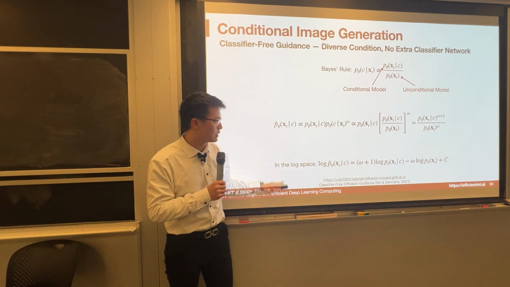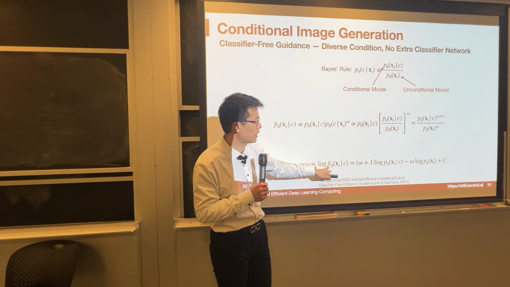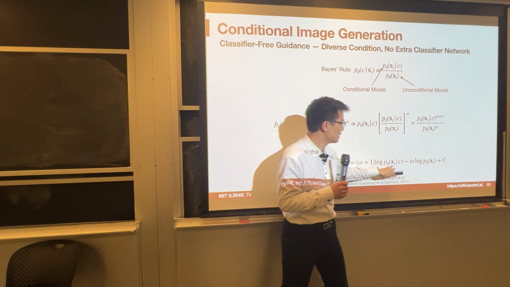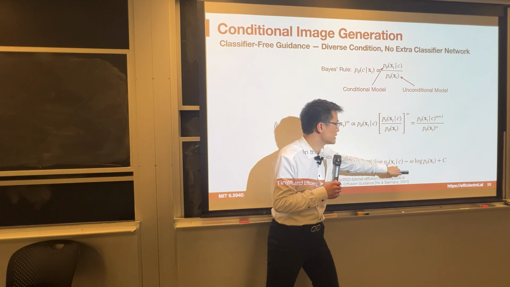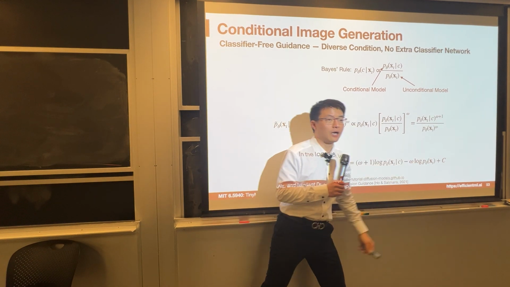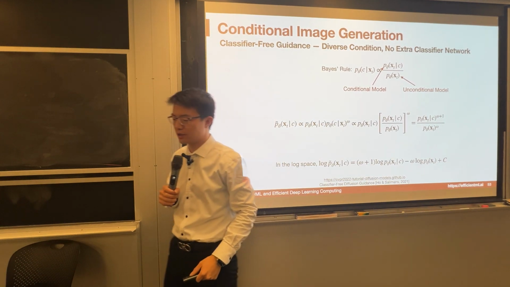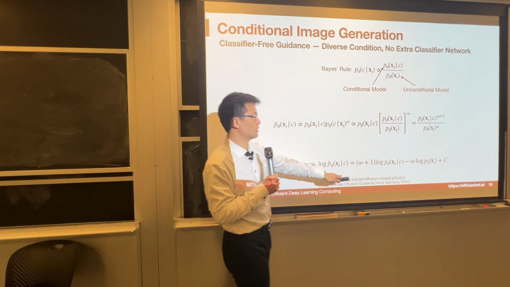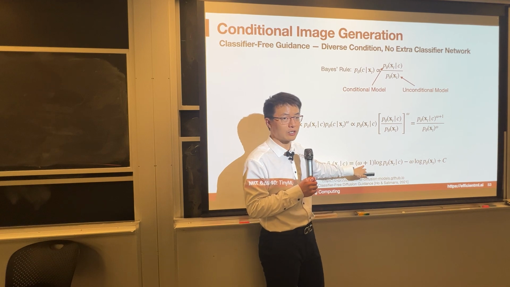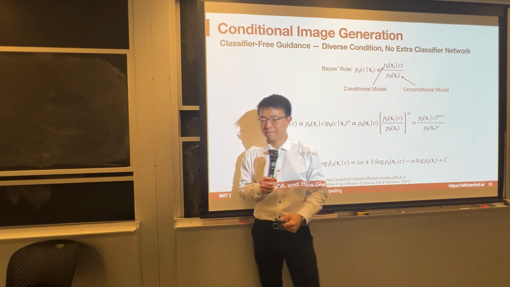In the log space, if we expand it, it'll be this one subtracted by the second term here. One is conditional on C, the other is not conditional on C. And here we have omega plus 1, and here we have omega.